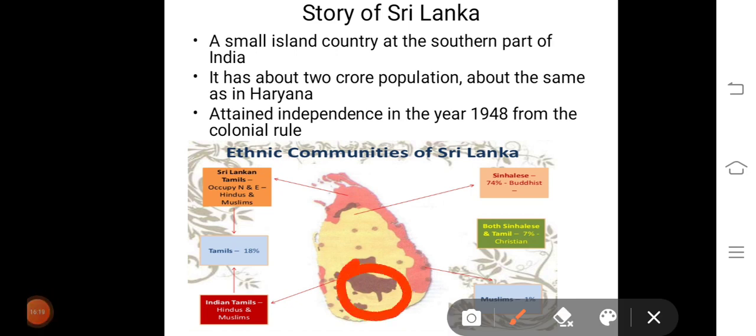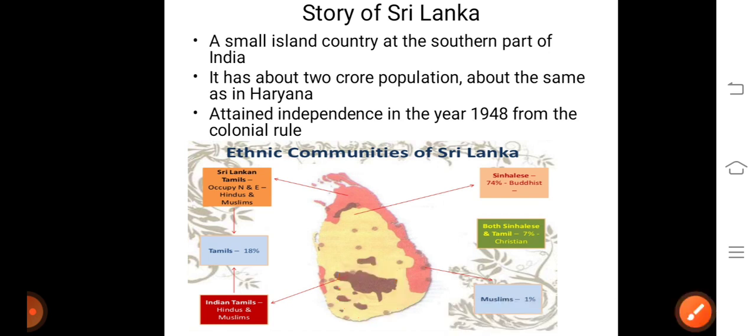This part was inhabited by the Indian Tamils, right? So north and east was inhabited by the Sri Lankan Tamils or the native Tamils, and in a small portion of the south the Indian Tamils were there, right? In this way we have the population composition or the ethnic composition in Sri Lanka. Is it clear to all of you?